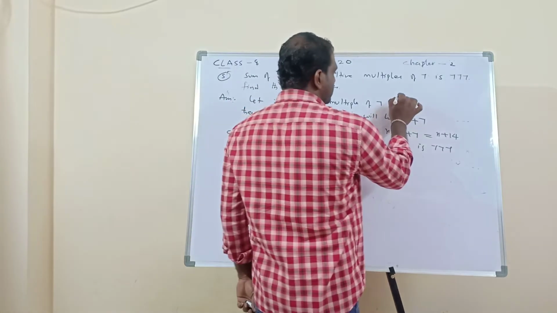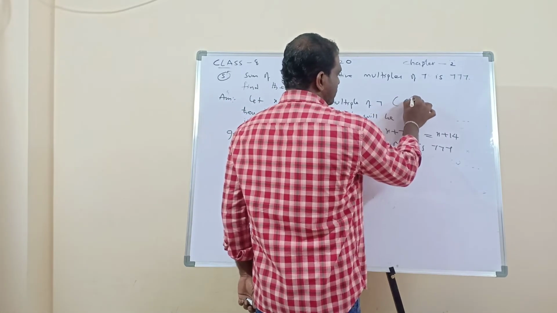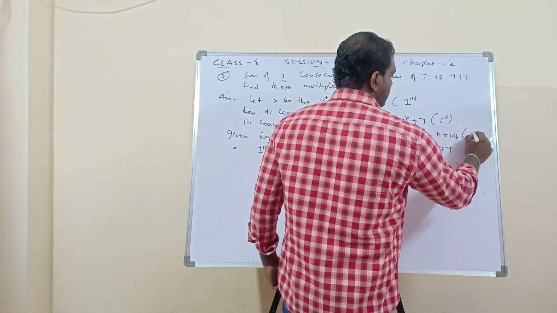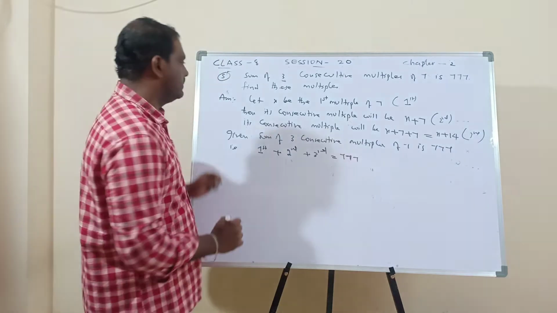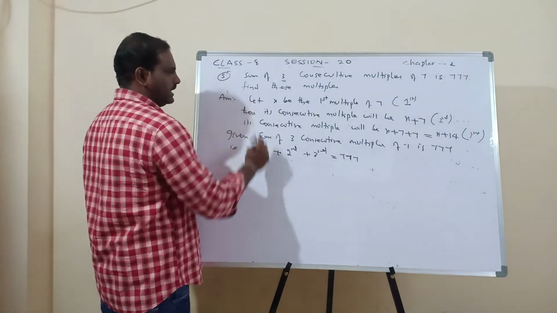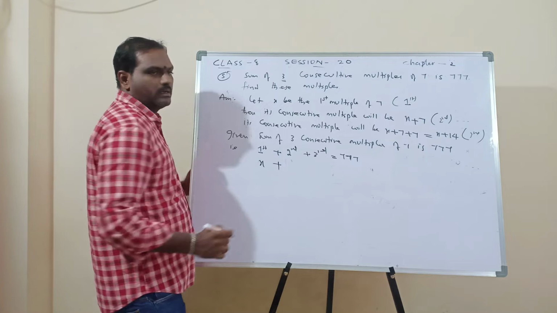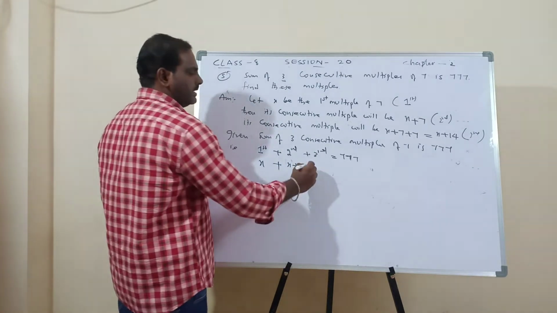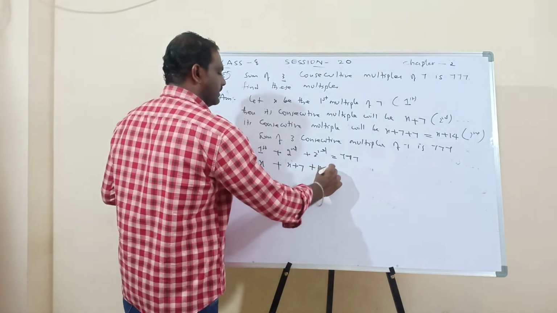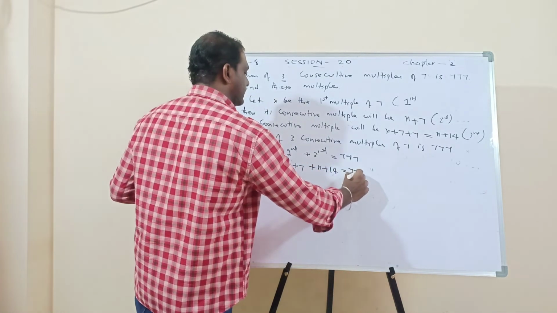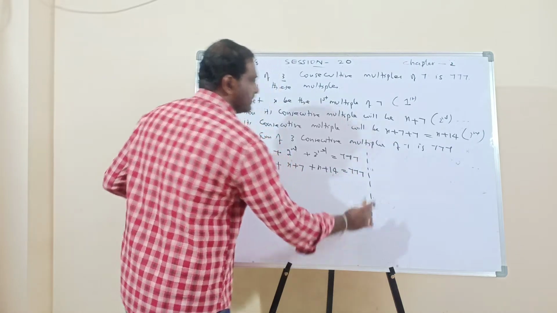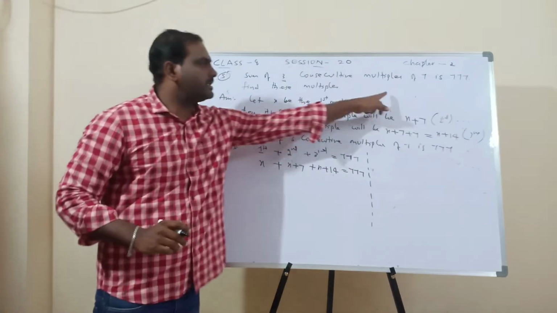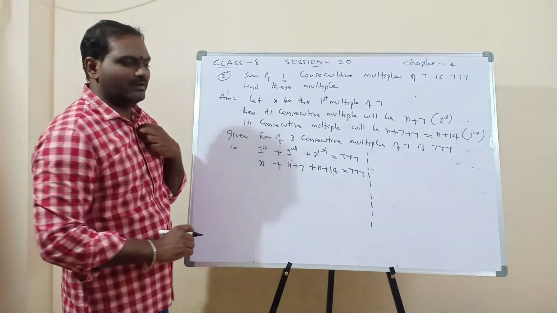So this is the first, this is the second, and this is the third. What is the first? It is x. And the second one is x plus 7. And third one is x plus 14 is equal to 777. No need to write the first because already we have mentioned x be the first multiple. If I write first one, the students will take 7 as the first multiple.